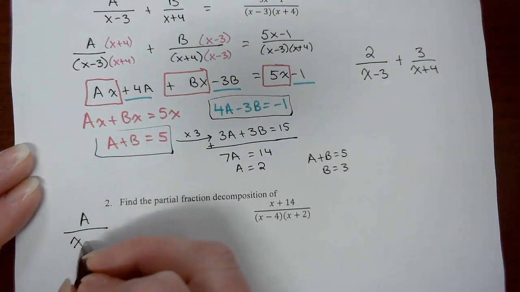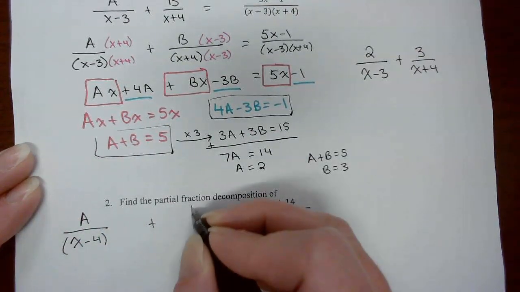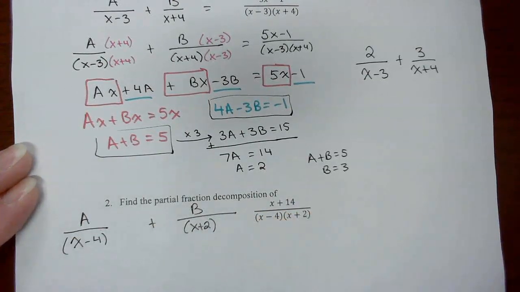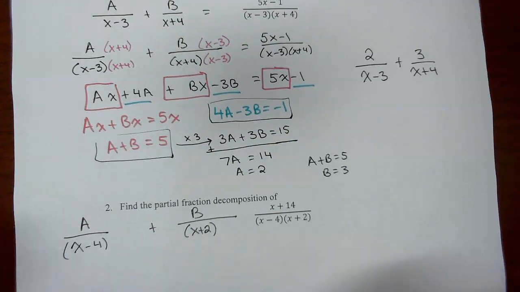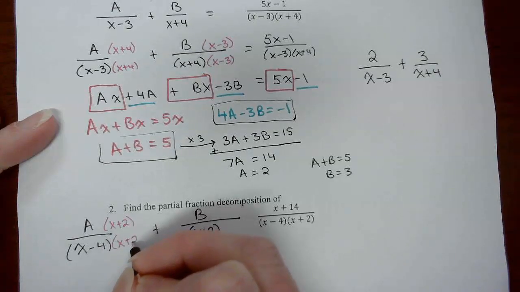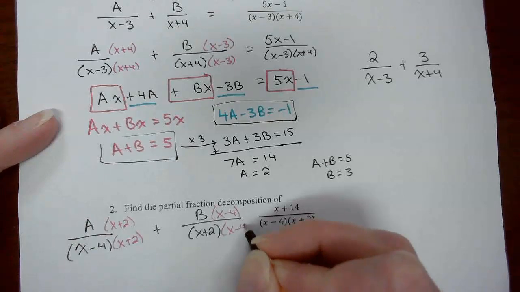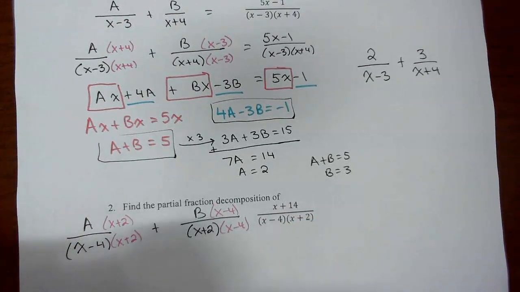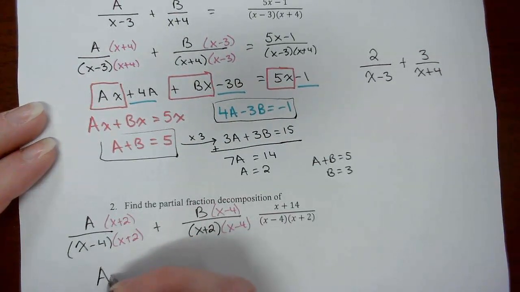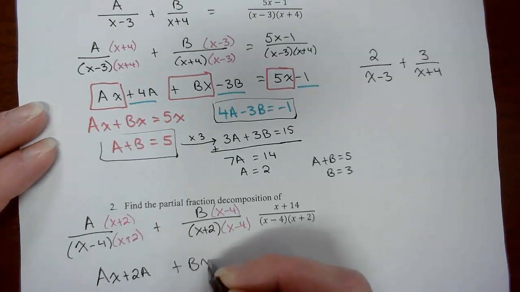So we're going to set it up with each of the factors. Now I would need to multiply top and bottom by x plus 2, and top and bottom by x minus 4. Now I don't need to rewrite this whole thing because I know I would distribute and then distribute.